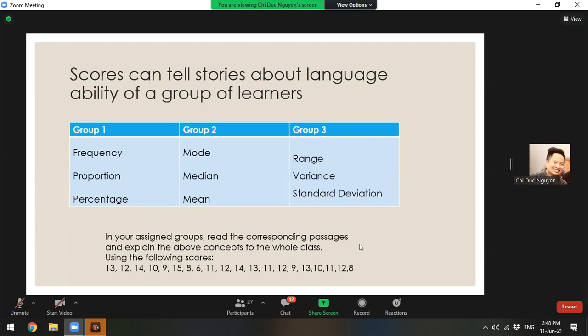For example, the frequency of 6 is going to be 1. The frequency of 8 is going to be 2. The frequency of 9 is going to be 2.